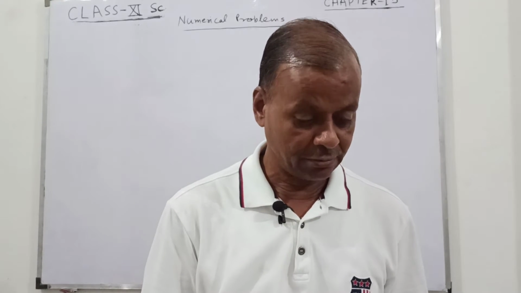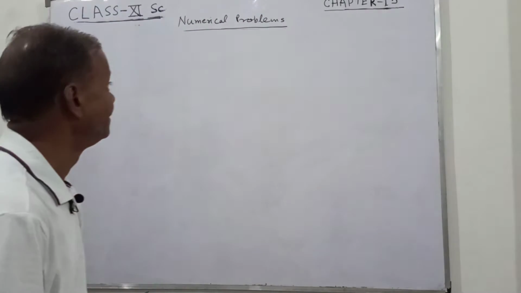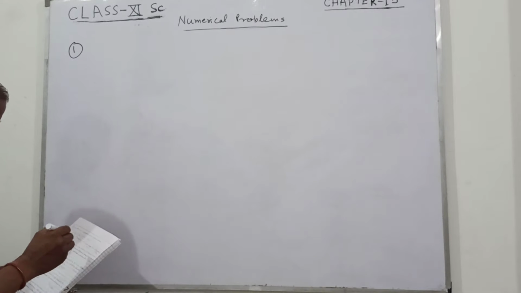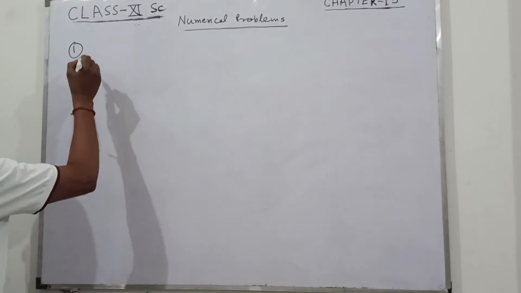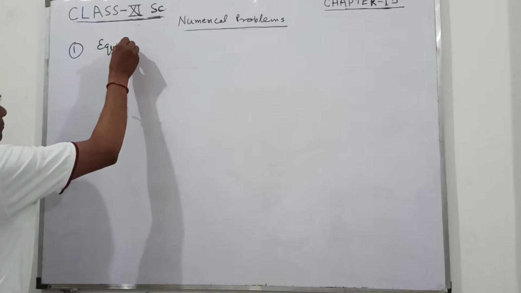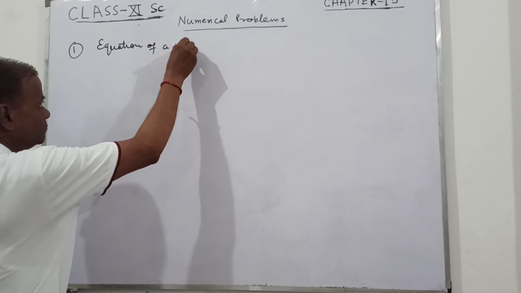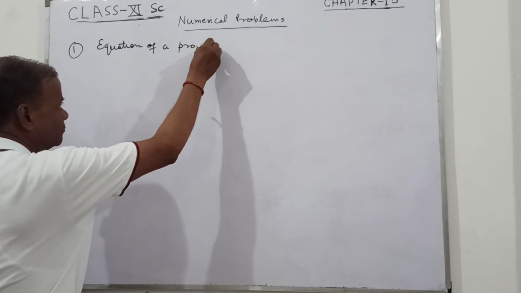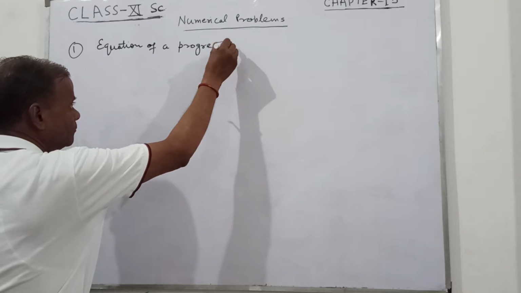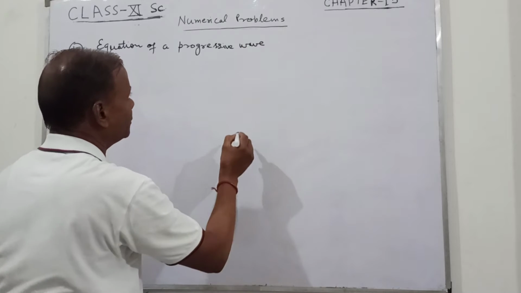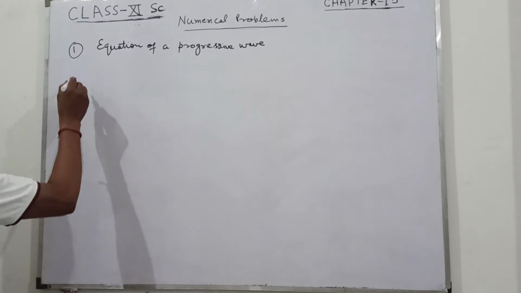So your first problem is: the equation of a progressive wave is given below.